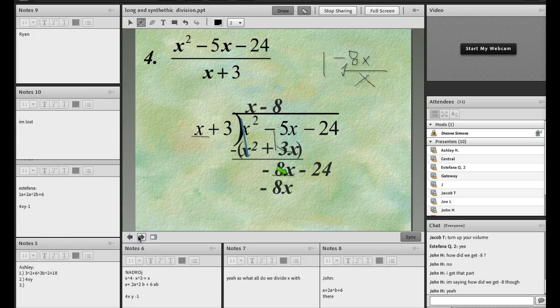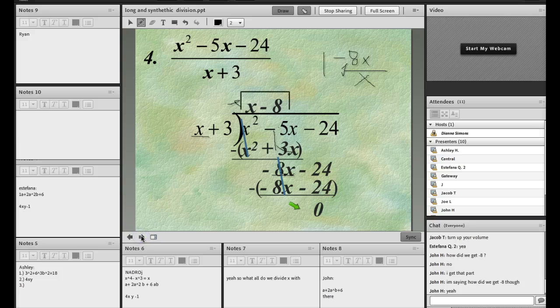Now, going to do some multiplication. Negative 8 times x is negative 8x. Negative 8 times 3 is negative 24. What do I get when I subtract those? Zero. So in this case, this is my answer right here. And this is my remainder.